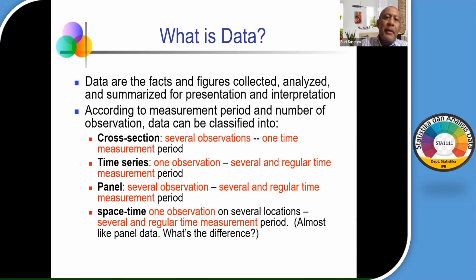Data will not become information before it is analyzed, before it is summarized by you. So therefore, the data will be collected based on the period or number of observation.